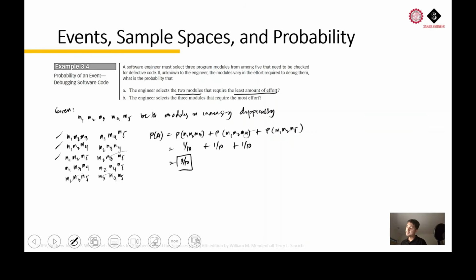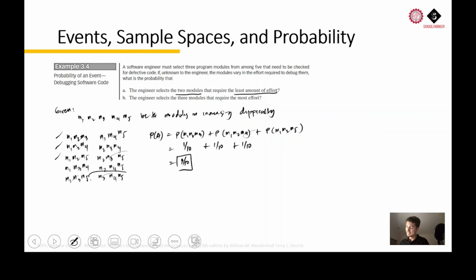Question letter B is the engineer selects the three modules that require the most effort. The three modules that require the most effort, of course, are M3, M4, and M5. So, not lucky for the engineer, his modules are M3, M4, and M5.